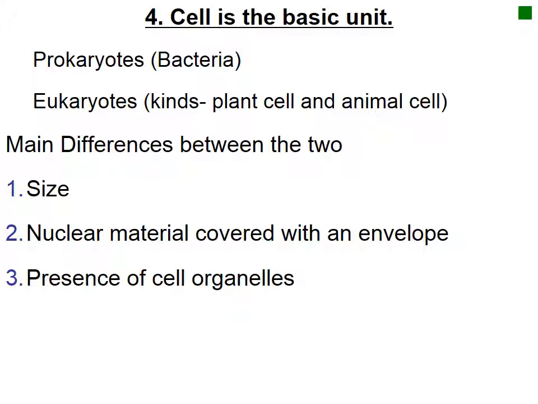A eukaryote has its nucleus enclosed with a nuclear membrane, whereas a prokaryote does not have a cover. That is their biggest difference.